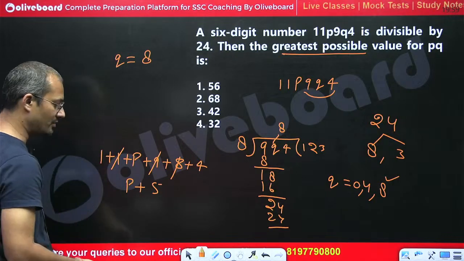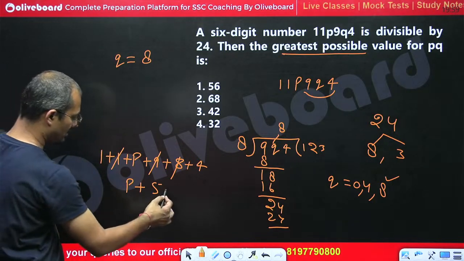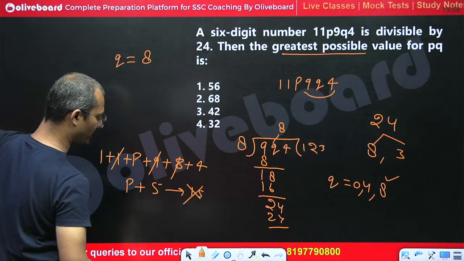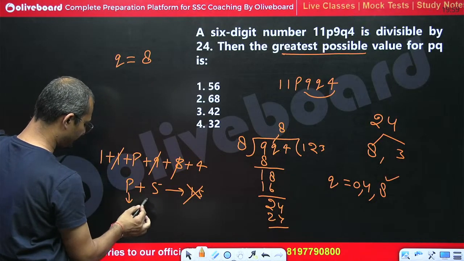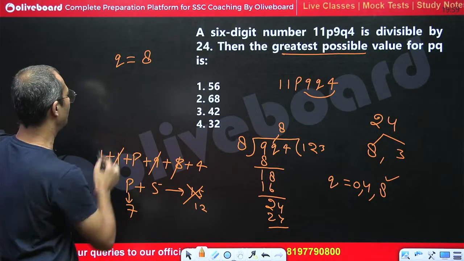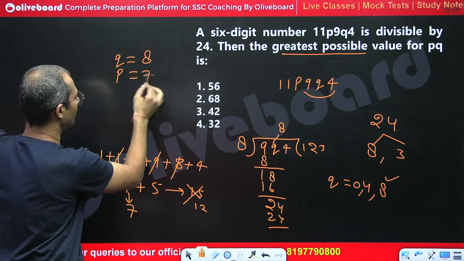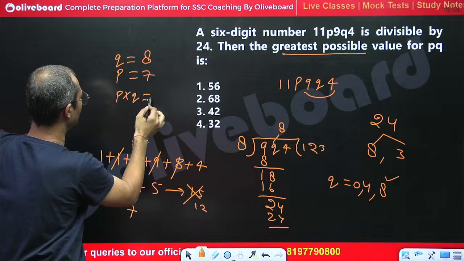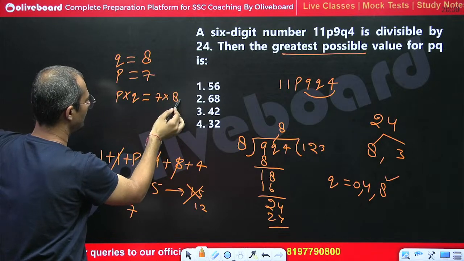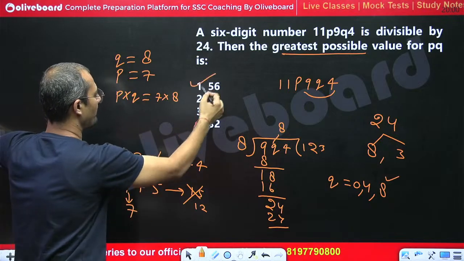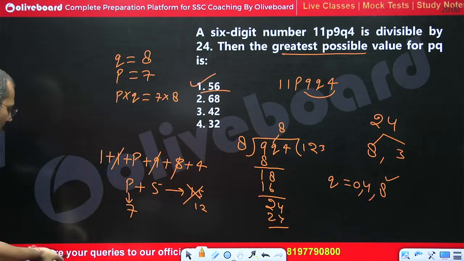So for the highest value of P, this can be 15, but we cannot take 10 in place of P, right? So we will take 12, so the value of P would be equal to 7, right? So we would take 7. Now we have to calculate P into Q. So this would be equal to 7 into 8, 8 7s are 56. So A part would be the right answer. 56 would be the right answer.